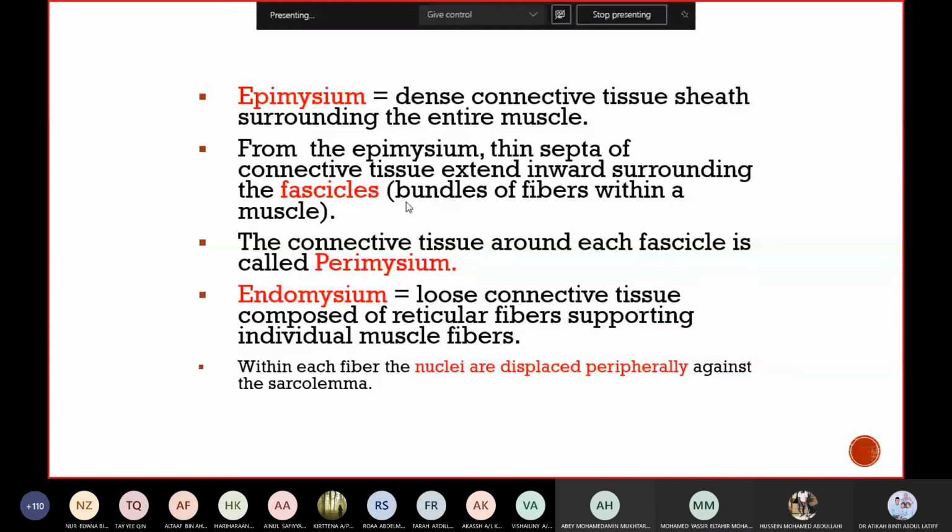So like the covering of your bone, as I mentioned, it has periosteum. Okay, so muscle also has covering called epimysium, perimysium, and endomysium. Okay, I'll show you.